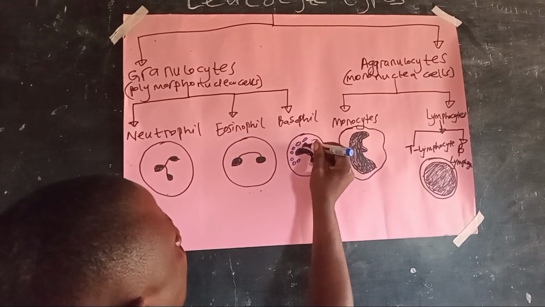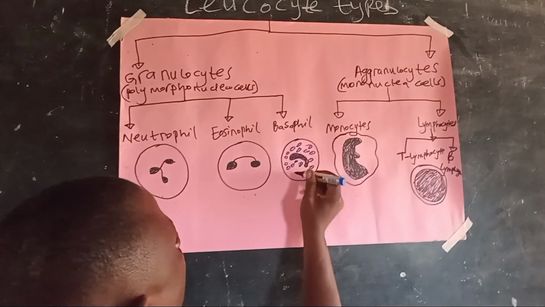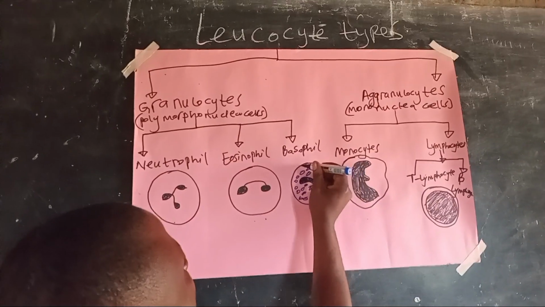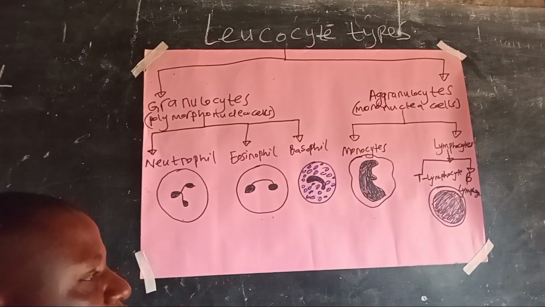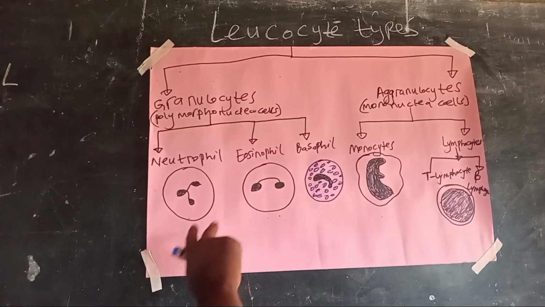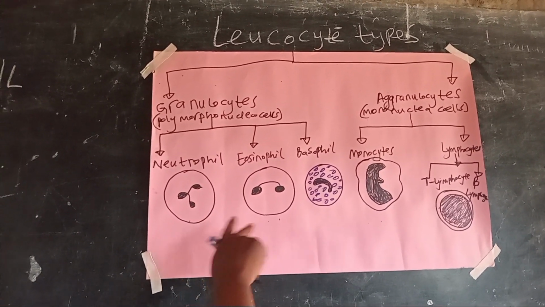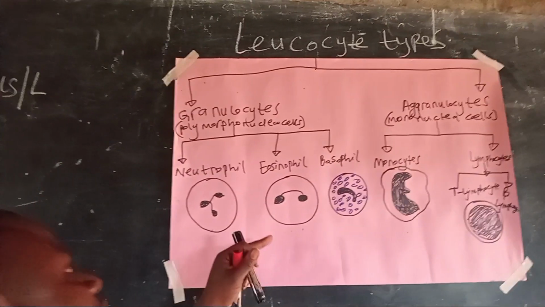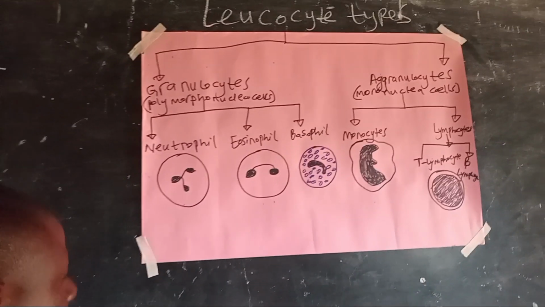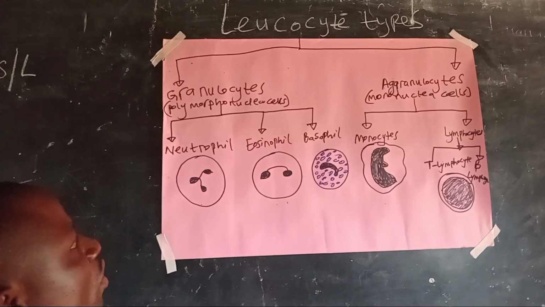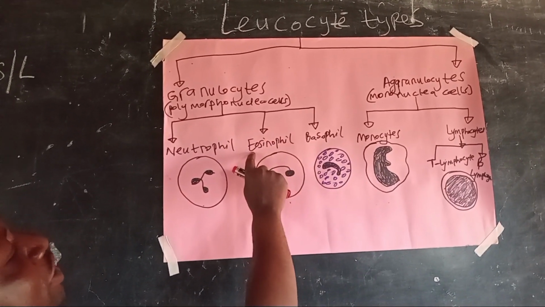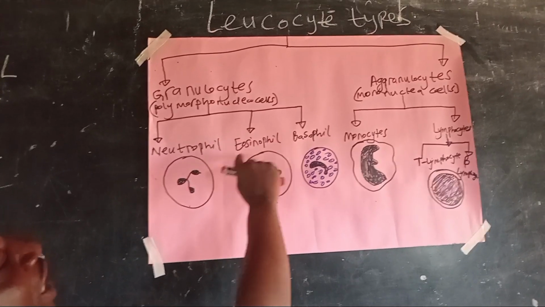When you look into the microscope, you will see these are the granules which will appear. So when we look at the eosinophils, in their cytoplasm they contain granules which are eosinophilic.